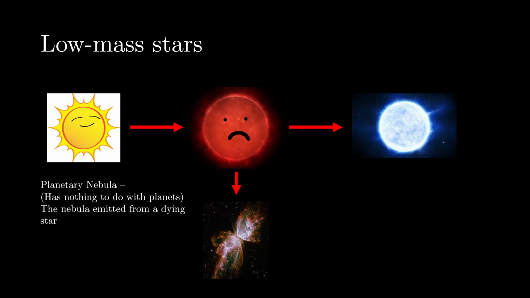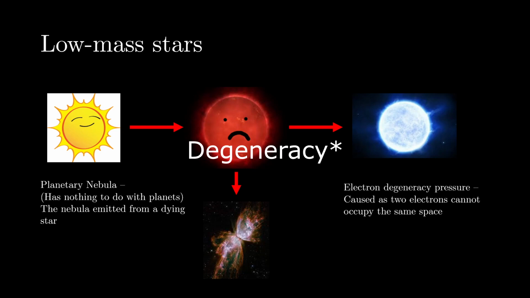This means that they have a very strong gravitational force that points towards the core of the white dwarf. But the reason it doesn't collapse under itself even further is because of something called the electron degenerate pressure. And this is caused as two electrons cannot occupy the same space. The basic idea is that because the force of gravity is so strong towards the core, the electrons start pushing against each other.